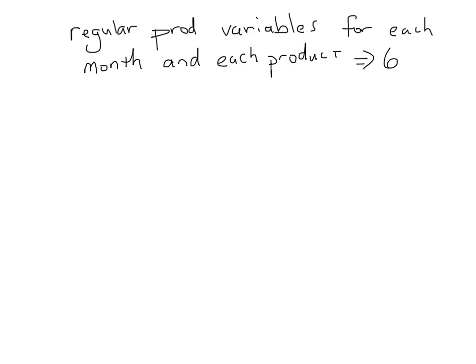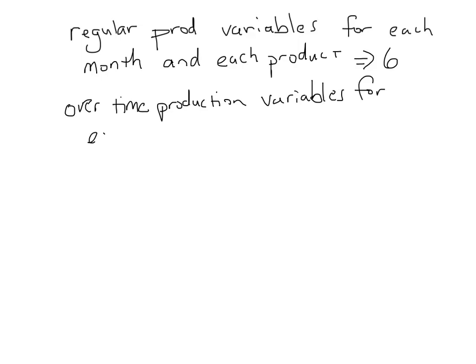Then we have overtime available to us. Overtime production variables for each month and product. So again, there will be 6 there.